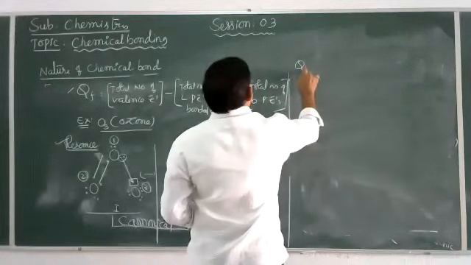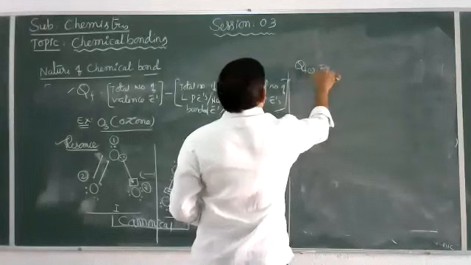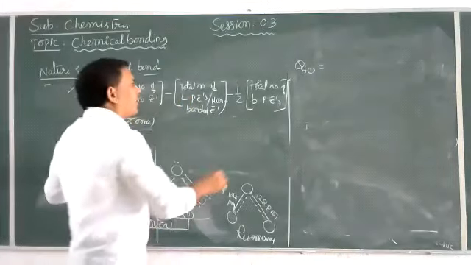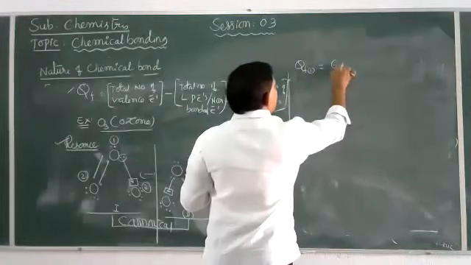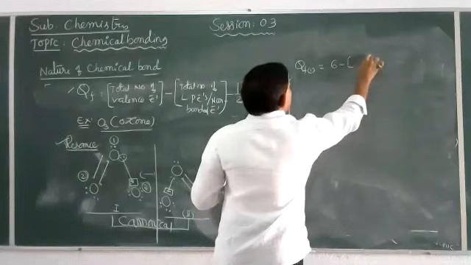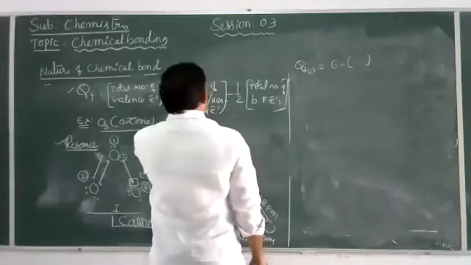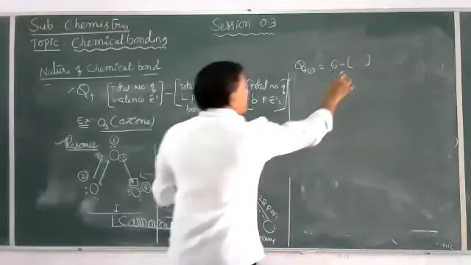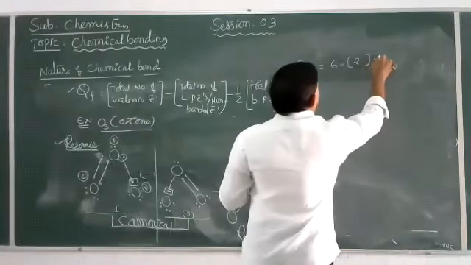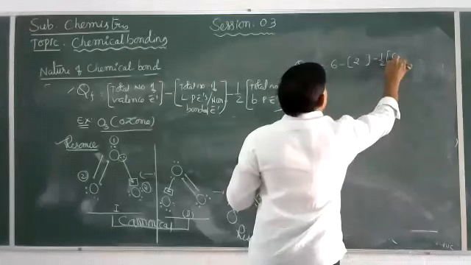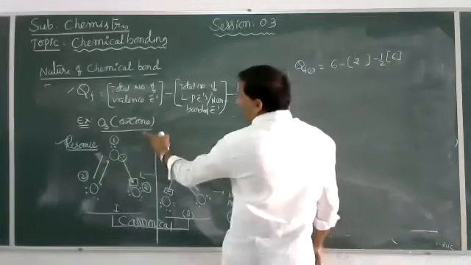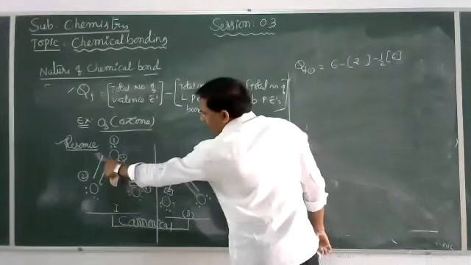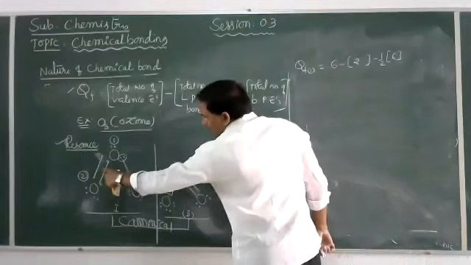Your formal charge of the first oxygen atom is: around this oxygen atom, the number of valence electrons is 6, minus the total number of lone pair electrons, and only one lone pair is there, that's why 2 electrons, minus 1 by 2 into the bond pair electrons, 6 here. See here the bond pairs. To get one bond, 2 electrons, here 2 electrons, 4 electrons.